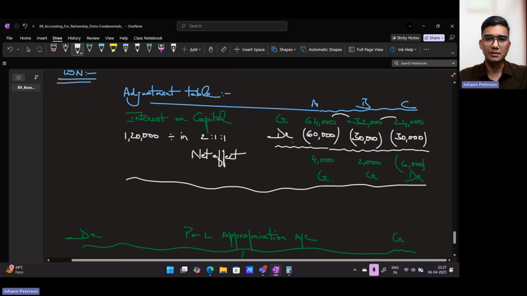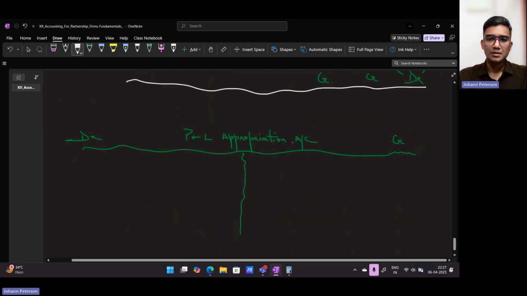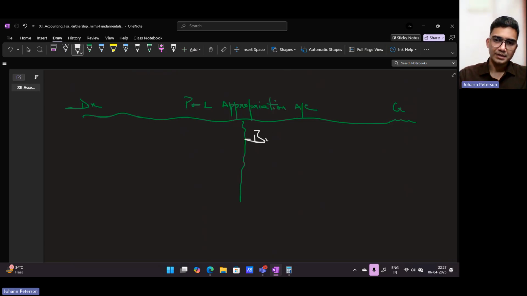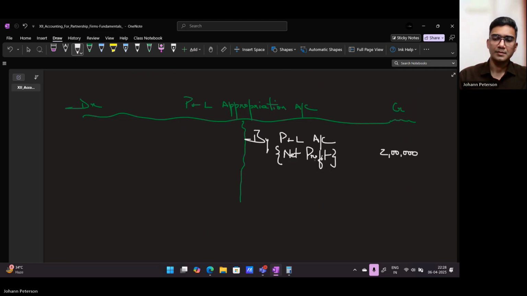So we know we have to give 1,20,000. So let's assume we have it already with us. That is to say, let us assume that we have in our P&L appropriation the opening amount which is coming from our P&L account, that is our net profit. Let us assume this is 2 lakh.